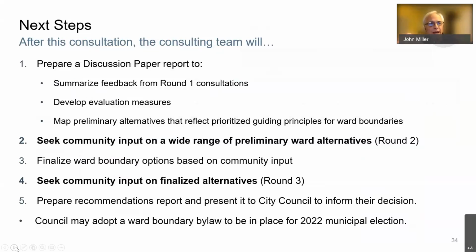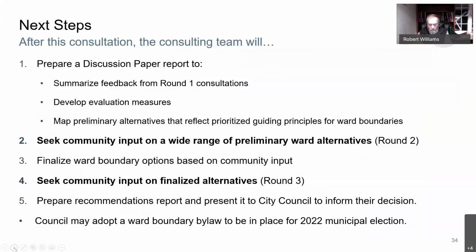Based on that input, we'll be able to finalize a single recommendation or maybe a short list of recommendations. Even then, we're going to have one more cycle, round 3, to come back and say, this is what we were going to recommend to council. What do you think? And then it goes to council for their consideration. And bottom line is, it's their choice.